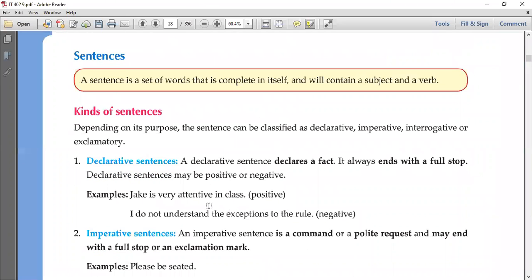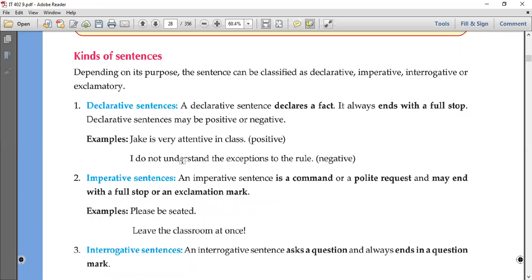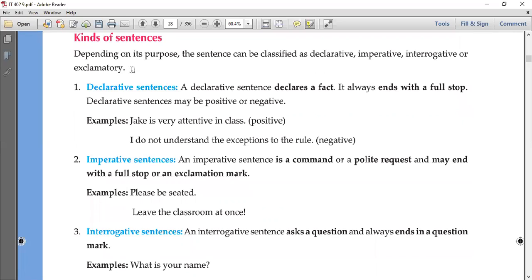So these were phrases, and sentences are the words which are complete in themselves. A sentence contains a subject also, it contains a verb also. Object is optional, right? Sometimes we have an object, sometimes we don't. And if you talk about kinds of sentences, one is the declarative sentence, which is a normal kind of sentence which declares a fact, right?